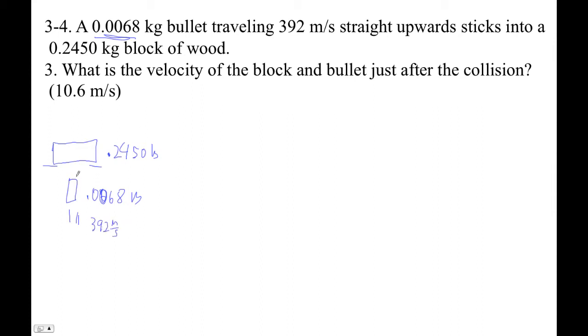Now resist the urge to say that this kinetic energy turns into the potential energy of the bullet in the block. What we have to do first is solve for conservation of momentum.